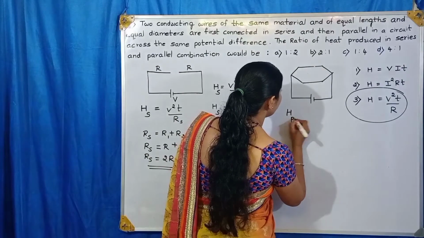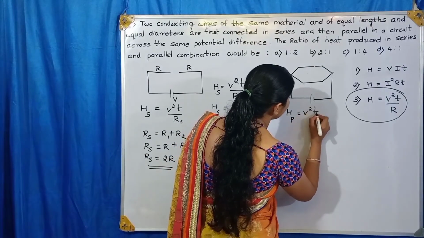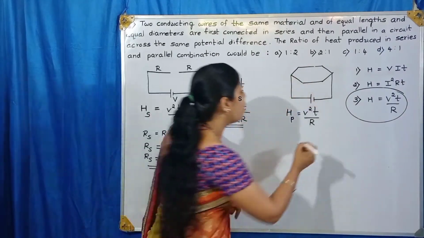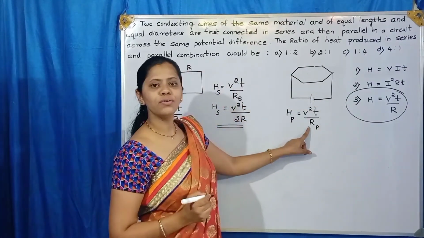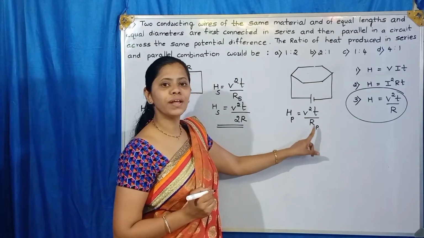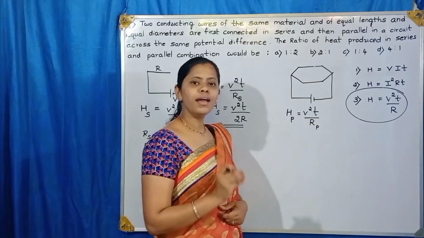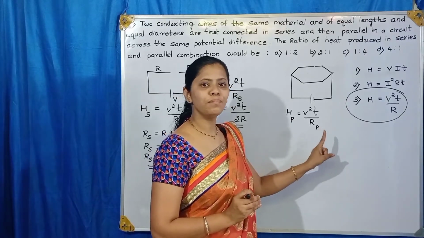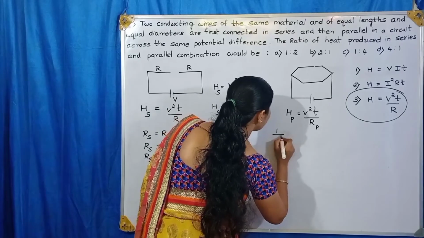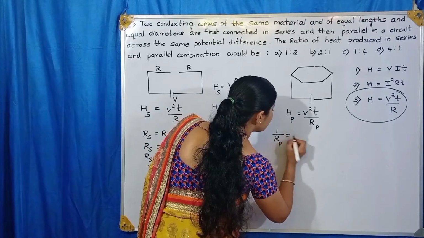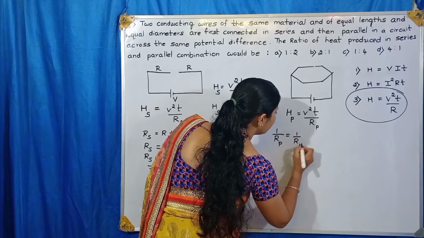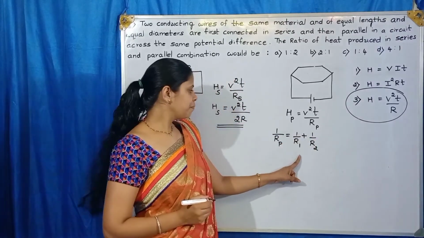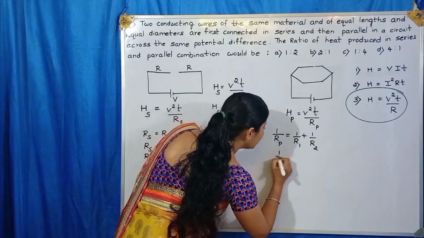Hp is equal to V square T divided by R. Since here they are connected in parallel, we have to find out the equivalent resistance when they are connected in parallel. And we know the formula for the equivalent resistance when they are connected in parallel, that is 1 by Rp is equal to 1 by R1 plus 1 by R2. Okay.